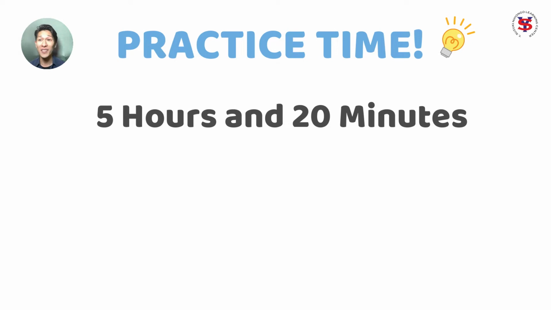Okay, so for hours and minutes or for hours and seconds, sasabihin muna natin ang jikan. Pagkatapos nun, hindi na tayo magsasabi ng fun sa huli. So, stop tayo as fun or pun. Balik tayo sa example natin. 5 hours and 20 minutes. 5 oras at 20 minuto.